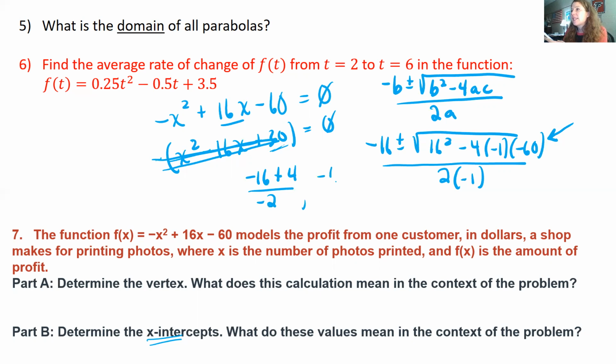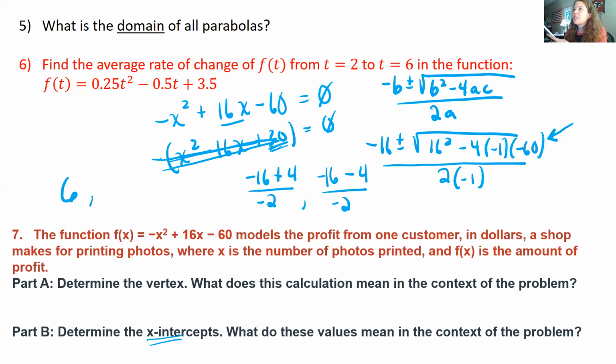Negative 16 plus 4 is equal to negative 12, and negative 12 divided by negative 2 is 6. And then the other one, we would have negative 20 divided by negative 2, which is positive 10.